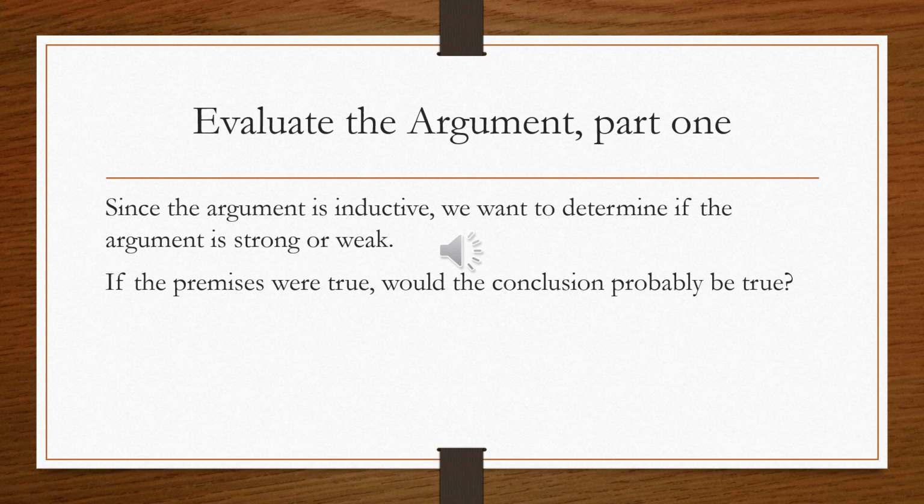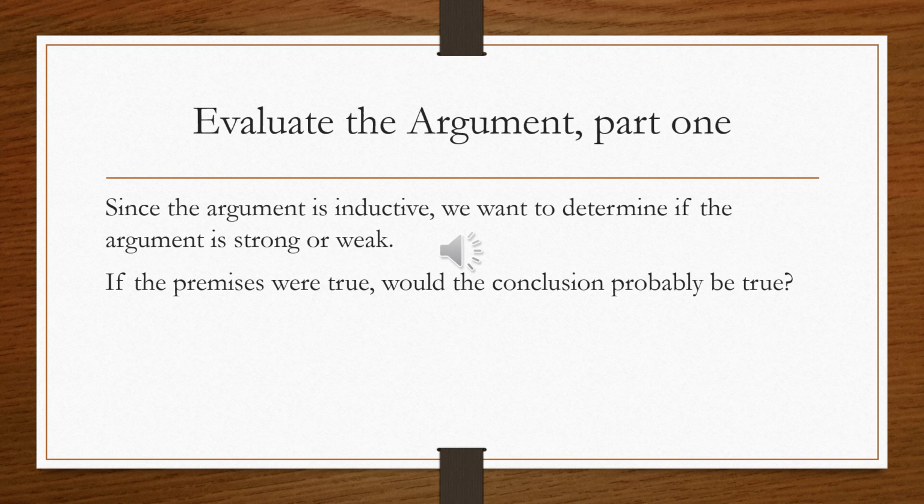Now, when I say it's a strong argument, some people will say, well, yeah, but the conclusion isn't necessarily the case, and that's correct, but that's irrelevant because this is an inductive argument. So when I say the argument is strong, all I'm saying is, yes, the conclusion would likely be true if the premises were true. And that could range from 51% likely up to 99% likely.